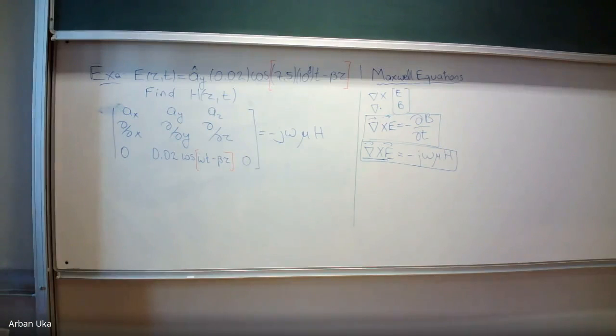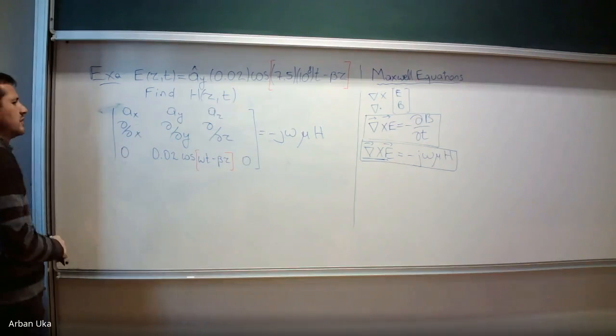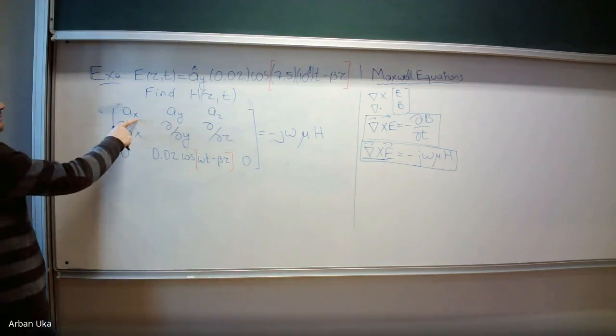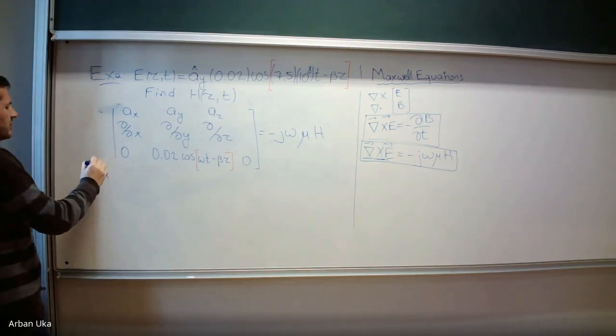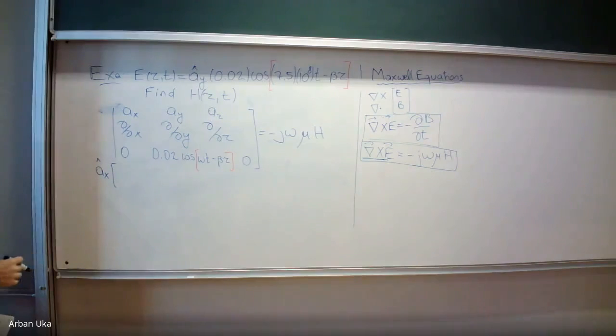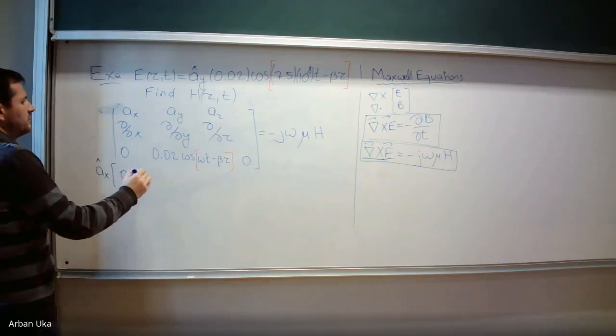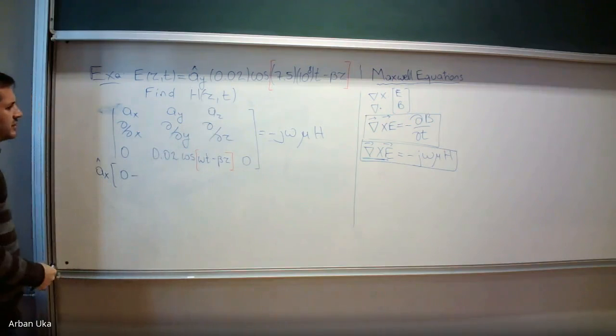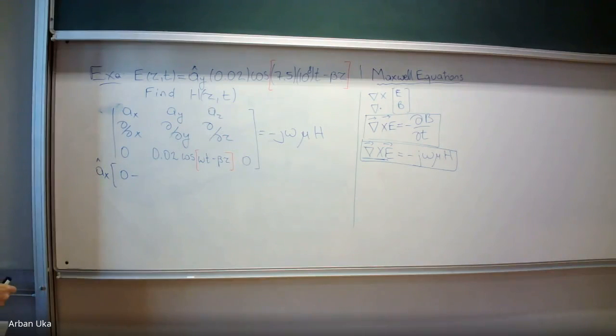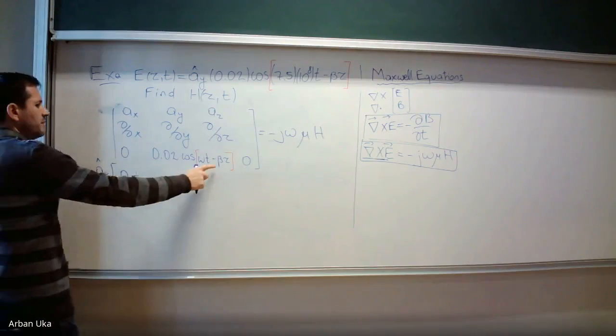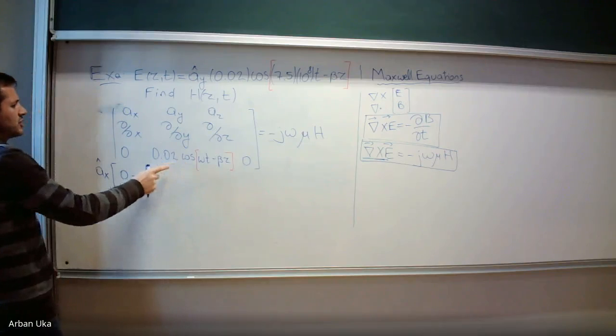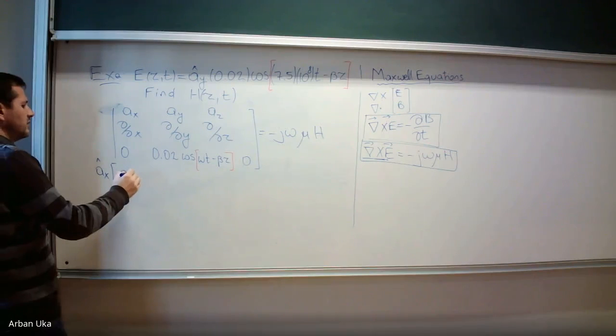And now at this moment we just need to do this. Here for the AX we have 0 minus the z derivative of this vector. So once we take the z derivative, we have minus beta, and 1 minus which is coming from the derivative of cosine.